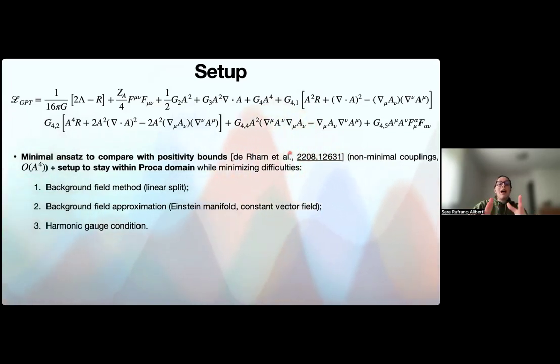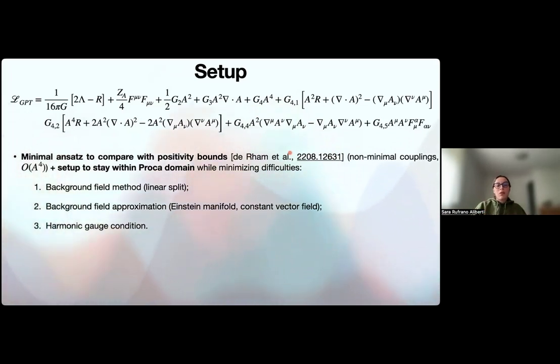But we chose our setup in order to stay within the Proca domain, while also minimizing the difficulties of our computation. To do that, we first of all use the background field method, which means that we linearly split each field into the background field plus a fluctuation field.